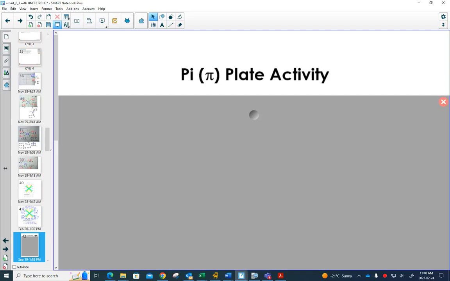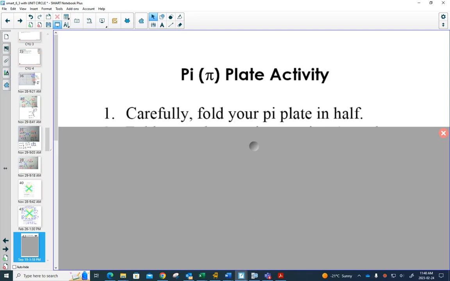The first thing that we are going to do, and stress on carefully, carefully fold it in half. So the way that you carefully fold it in half, because it's stiff and it's not easy to fold, is you attempt to fold it and you try to use your fingers to line it up so the curve is perfect.